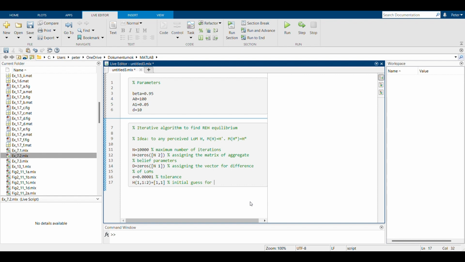Initial guess for H0 and H1. And now N, H, D, E, and the first row. Okay. And now we are ready to set up the for loop. We can start the iteration with 2 because we have already had the first row as an initial guess, the first row of matrix H.